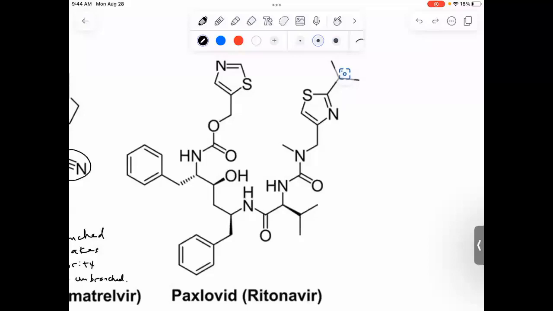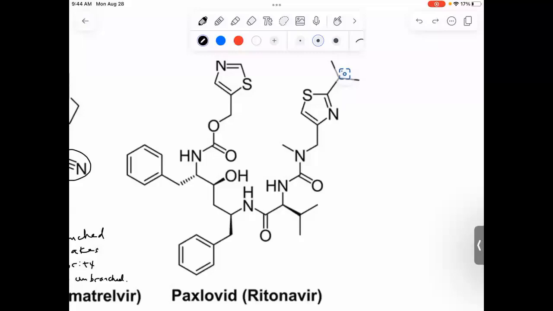That's the first skill we need to develop, how to identify chiral centers. Then how to assign configuration. Then how to draw the mirror image, or to draw the diastereomer. So how many chiral centers are present here?